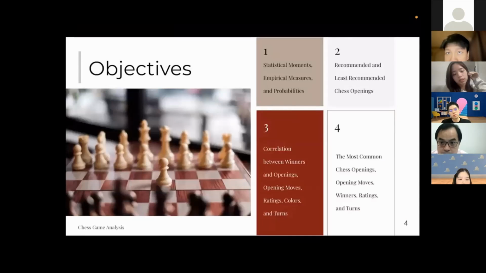The topic of this game data set is from my own personal interest and hobby in chess. My goals are statistical moments and empirical measures of each individual factor, probability of games won by white, black, and higher ratings, most common, and whether there are any correlations between winners and openings, opening moves, ratings, colors, and turns.